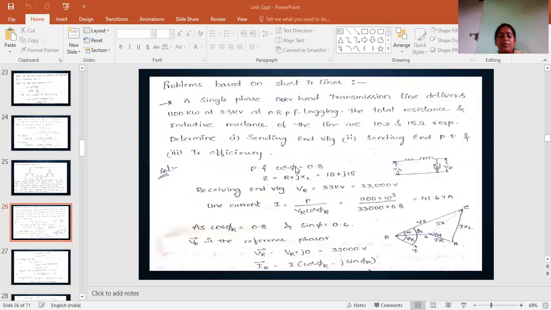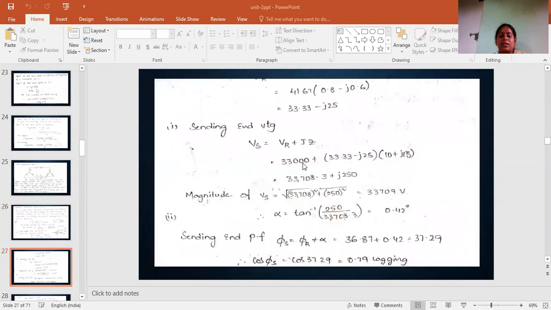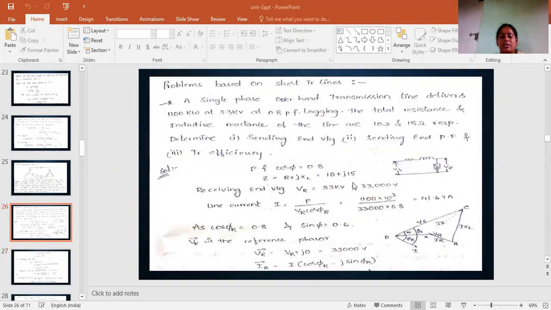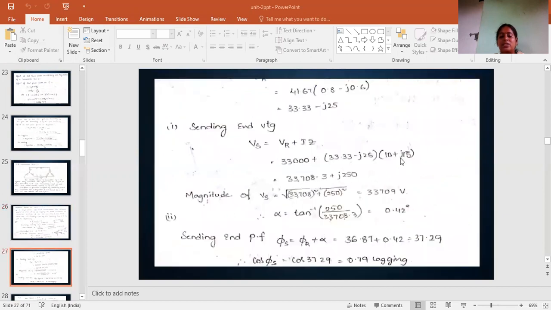We know the VR value is 33,000 volts, plus the I value, 33.33 minus j 25, into the Z value. Z value is nothing but 10 plus j 15. Substitute here and multiply these two terms, and add the real terms with the real value, keeping the imaginary terms in the same position.